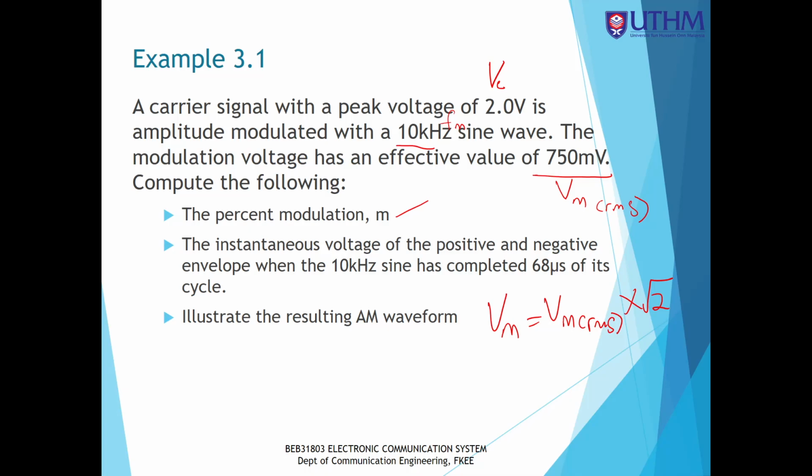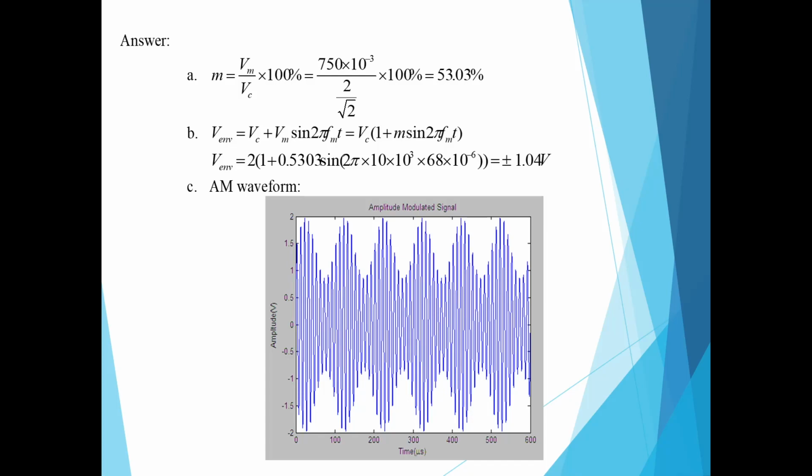So 750 milli multiplied by square root of 2, you get 1.06. Then 1.06 divided by 2 is around 0.5303. So first you multiply by square root of 2, and then you divide by 2 volt. You will get 0.5303, which is equal to 53.03%.